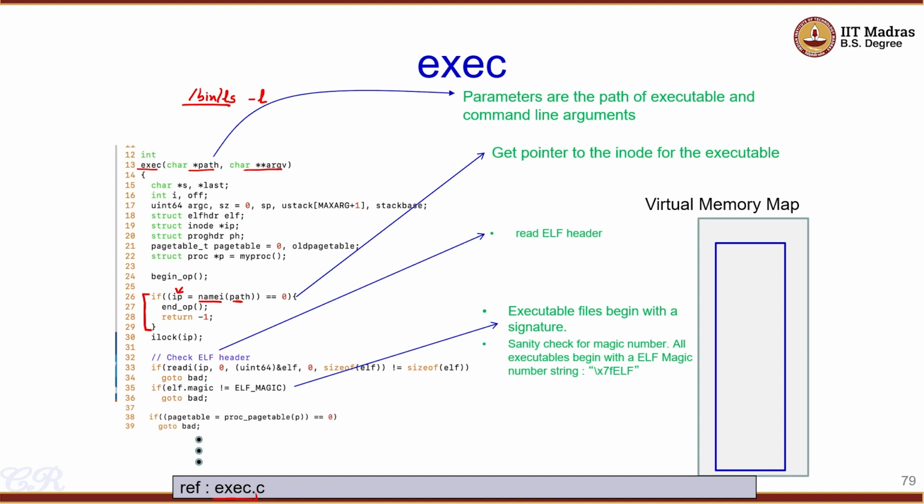Inode is something related to file systems, but for now we just abstract it, and you can consider for this class that ip is like a pointer to the executable file ls in this example, a pointer to the file present in the hard disk.